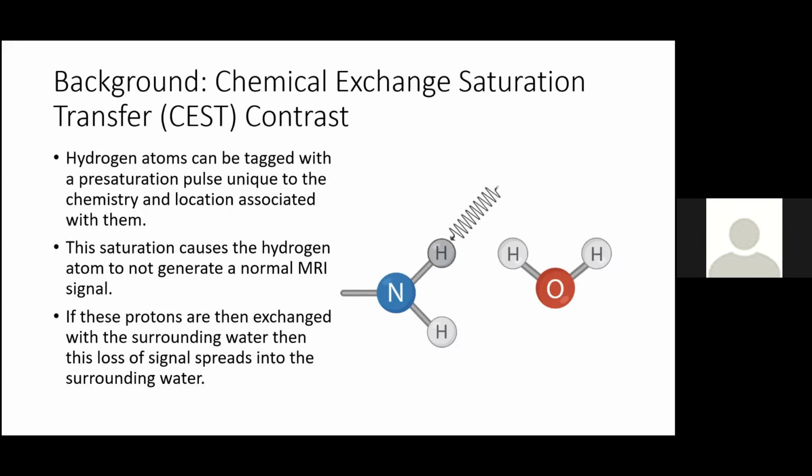In CEST, we can send a different kind of pulse, a pre-saturation pulse, to deactivate hydrogen atoms on something that is not water. The hydrogen atoms are then exchanged with the hydrogen atoms in the water, just over time through normal chemical interactions. And that way, when we send the normal scanning pulse on the water, only the unswapped hydrogen atoms produce a signal.